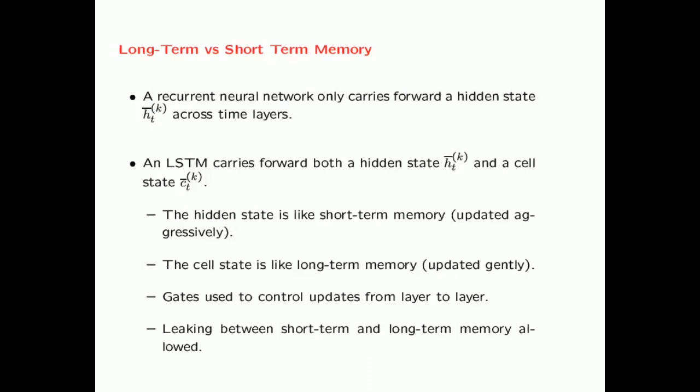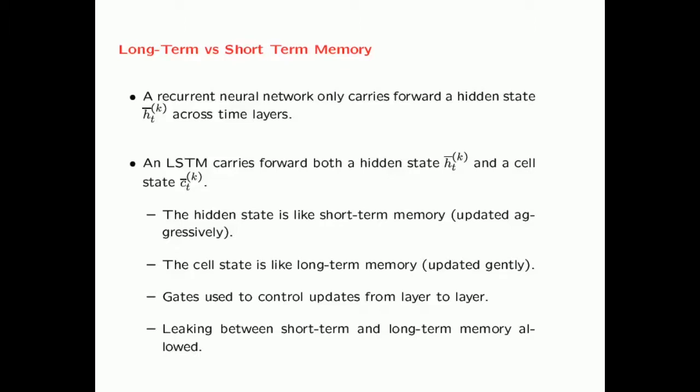Now let's discuss the issue of long-term versus short-term memory. A recurrent neural network only carries forward a hidden state h_t^k across time layers. As we discussed in the previous slide, this hidden state is inherently short term because it tends to get scrambled by matrix multiplications.